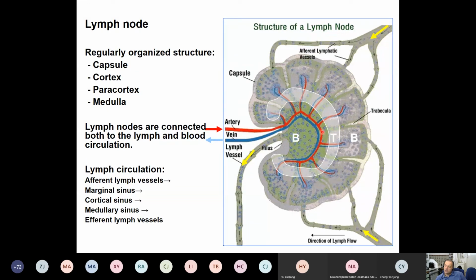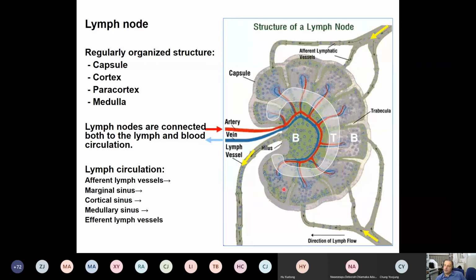That is designated as the cortical sinus. And finally, we arrive to the medulla, where we have a sponge, and the cavities of the sponge will form the medullary sinuses. And finally, the lymph fluid exits the lymph node through the efferent lymph vessels at the hilum. So this is how the lymph circulates within the lymph node.